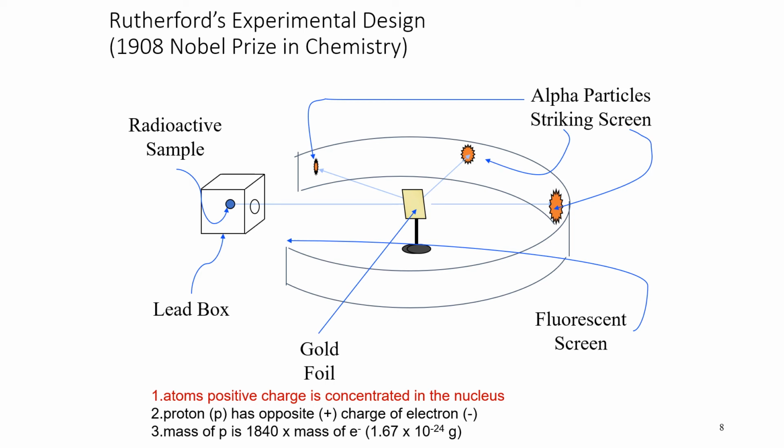But there were three things that were observed. There were some alpha particles that went straight through the foil. There were some that were slightly deflected. And there were some that bounced right back. These are where the alpha particles are hitting this screen.